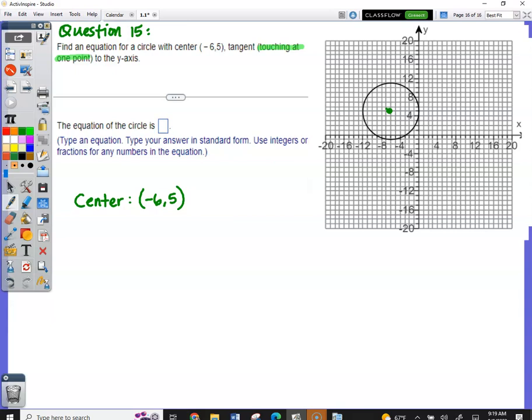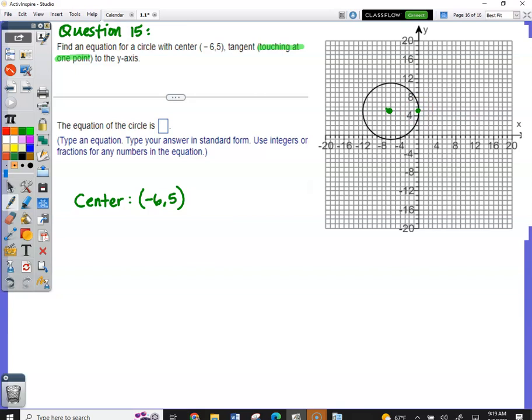So if I'm tracing this circle and I hit the y-axis right where it looks like it's touching, not that one, it looks like it's touching in 3 spots. So it would be the middle one, because the tangent only touches in one spot. So it's going to be right here, which makes sense because it should be right across from the center, right? If you think about it.